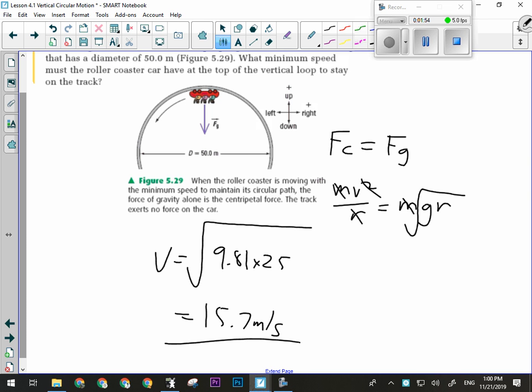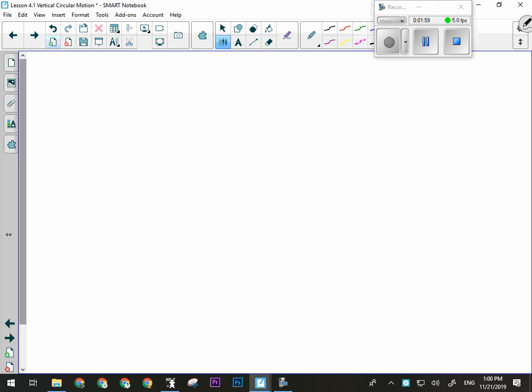Okay, so the most important thing we have to remember about vertical circles is that the centripetal force is like the net force. It's forces in minus forces out. That means on every single vertical circular motion problem you do, you should draw a free body diagram. Okay?